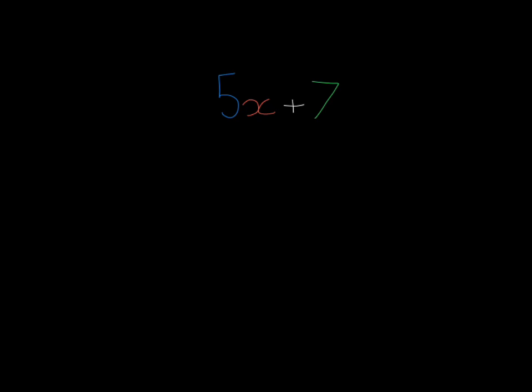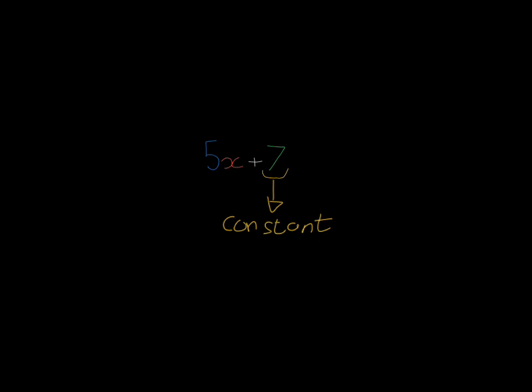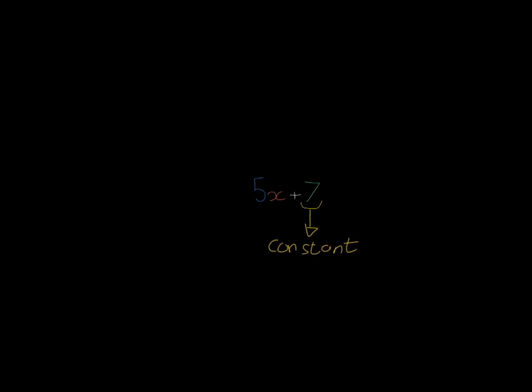Now let's look at each component of this expression. So we start off by having a look at the 7, and we see that there's no variable associated with the 7. And that means that our 7 is called a constant. If we have a look at the first term, the 5x, we see that in red we've got the letter x.